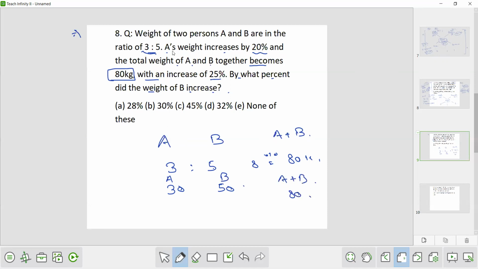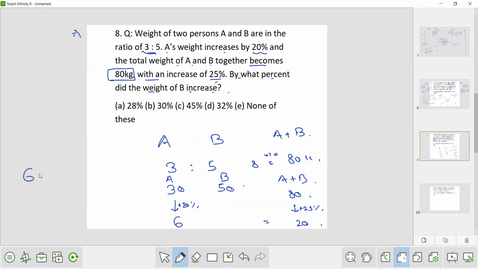Now each weight increases by 20%, so plus 20%. So how much is it? It is 6. Now A plus B increases by 25%. So increase 25%. How much will it be? 25% means 1/4, so the increase will be 20.